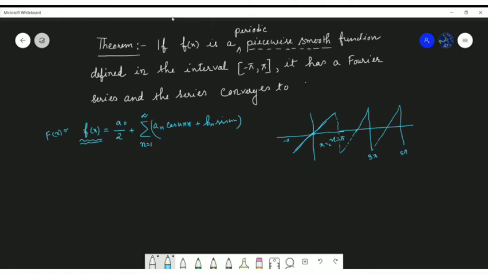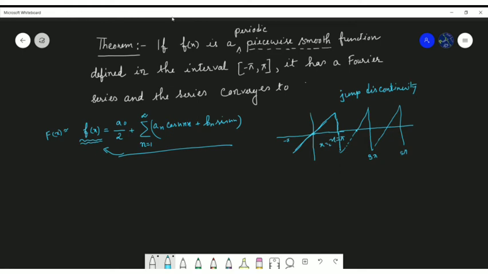Now we are talking about this function after periodic extension. So when x is equal to pi, there is a discontinuity. Suddenly it is coming here, so there is a jump discontinuity. When there is a discontinuity, in that case the Fourier series does not simply converge to f(x).